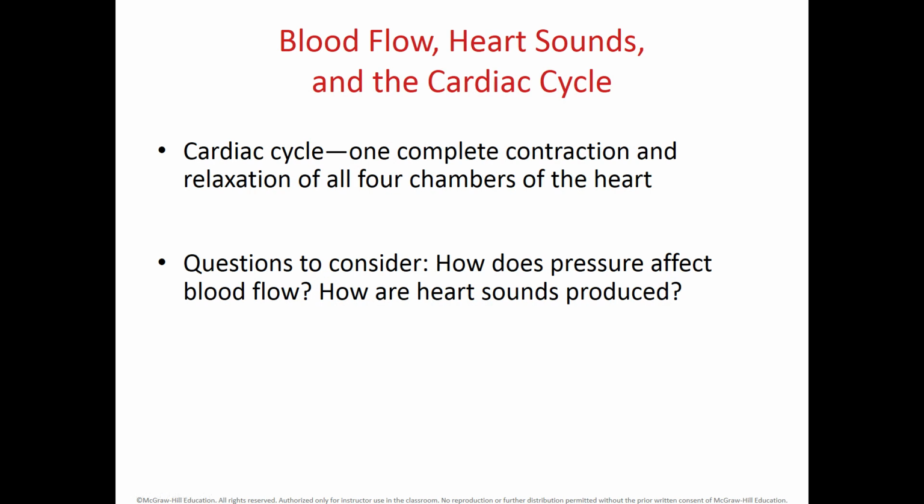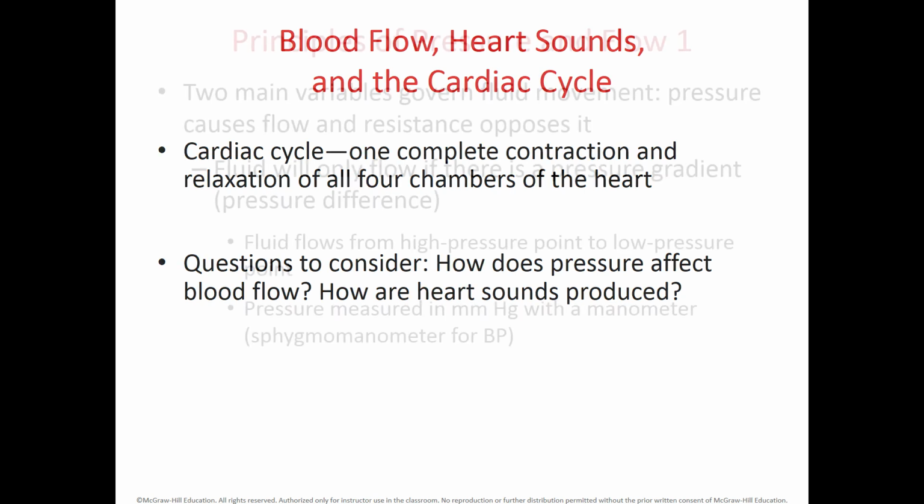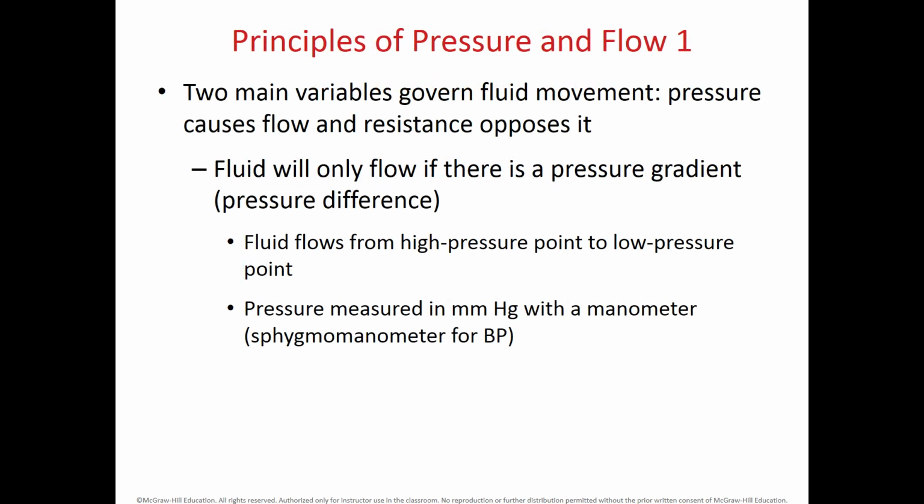Okay, so the cardiac cycle will be a complete systole and diastole, or contraction and relaxation of all the 4 chambers of the heart. And then some questions to consider will be, how does the pressure affect the blood flow, and how are the heart sounds produced? So there are 2 main mechanisms that make the blood flow within the heart.